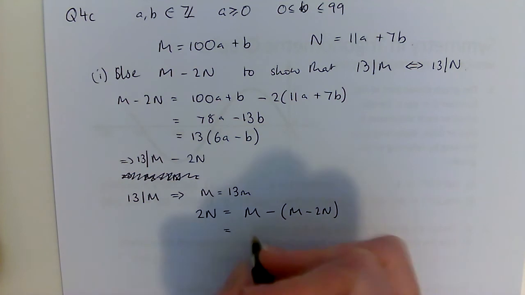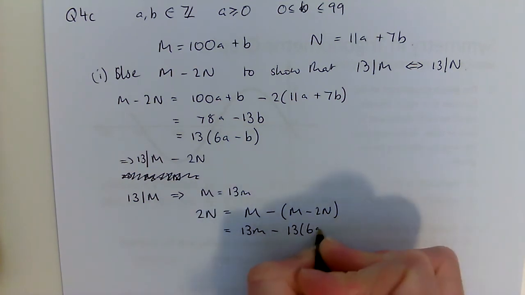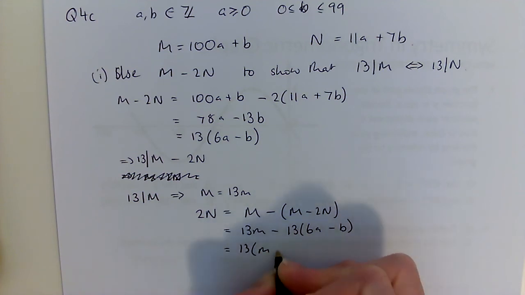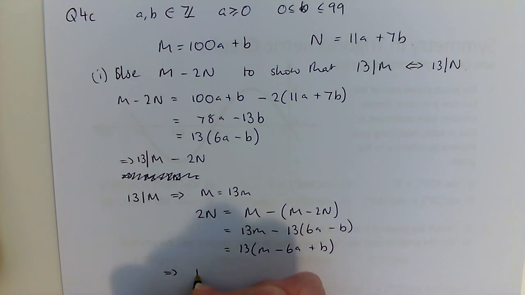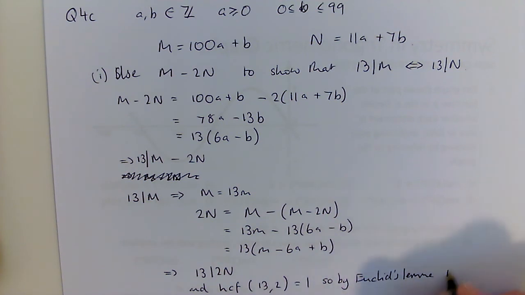So I can write this as 13m minus 13 times (6a minus b), so altogether that is 13 times (m minus 6a plus b), which tells us that 13 goes into 2n. And then the HCF, the highest common factor of 13 and 2 is 1, so by Euclid's lemma 13 goes into just n on its own.